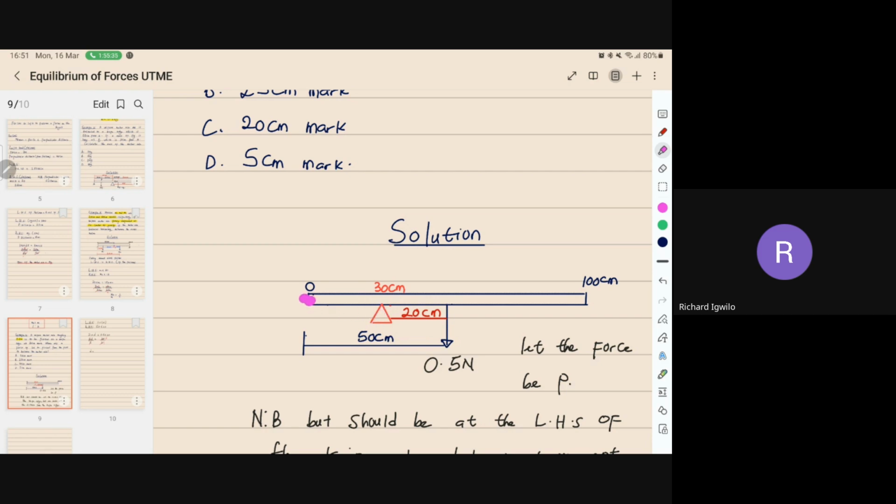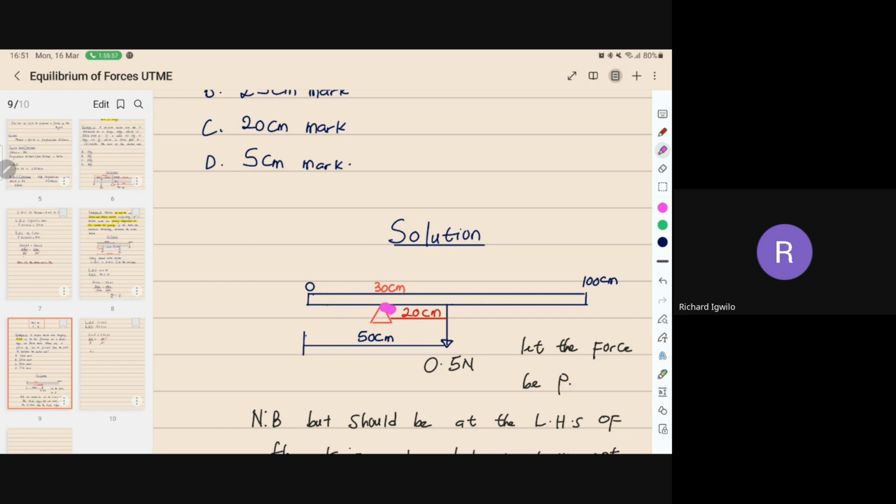So the fulcrum is at the 30 mark. So if from here to here is 30, now we're looking for the distance between the weight and the fulcrum, right? So that 30 centimeter actually helped us to get where the knife edge is placed. So the knife edge is at the 30 mark, which means 0 to here is 30, right? The distance from here to the knife edge is 30.